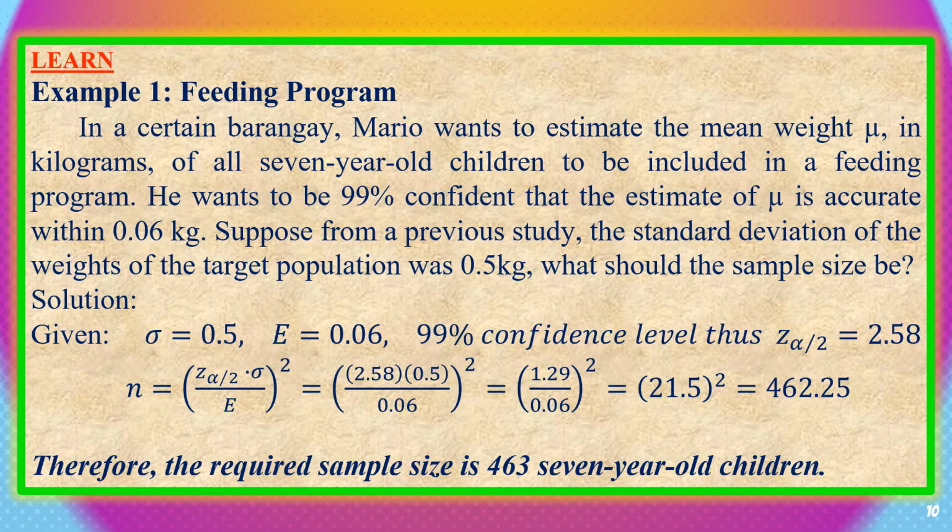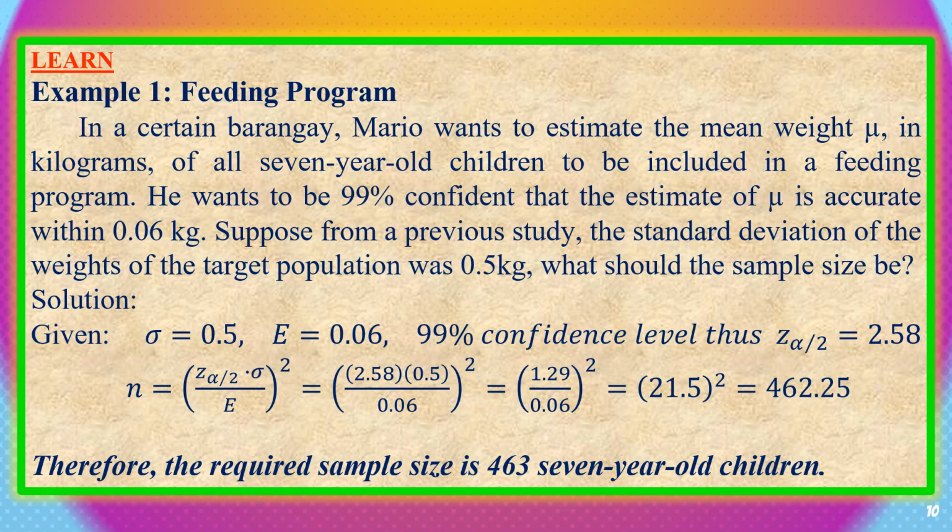You just multiply 2.58 times 0.5, that would be equal to 1.29. You divide 1.29 by 0.06, so you have 21.5.